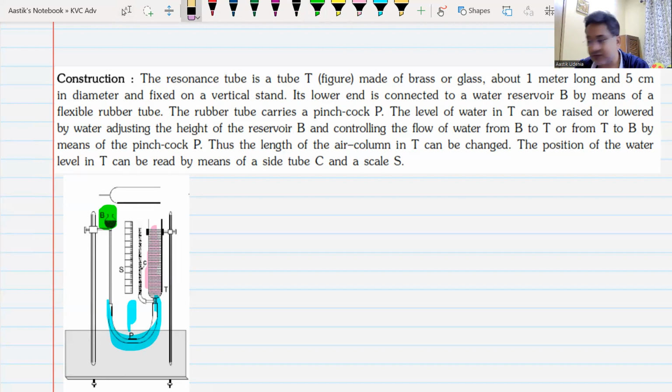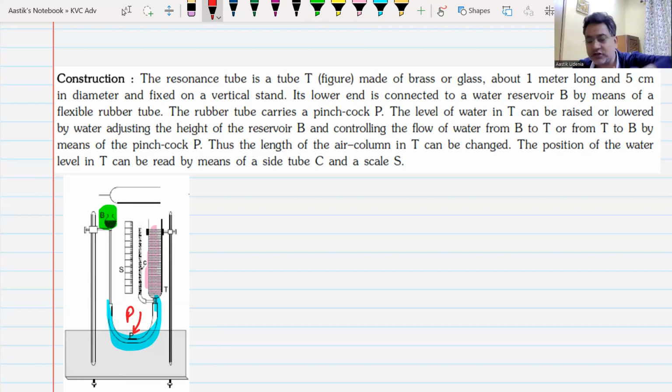Understand the meaning of cork? Valve. This is a small valve here. So basically you have a reservoir, you have a tube, and then you have a pipe, and in between you have a valve. So what you can do?